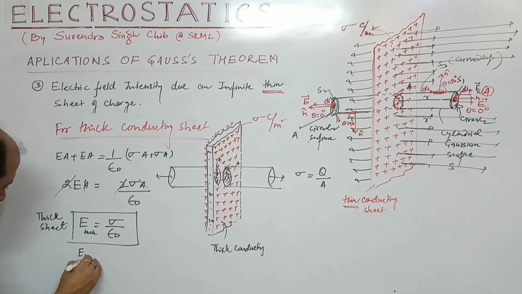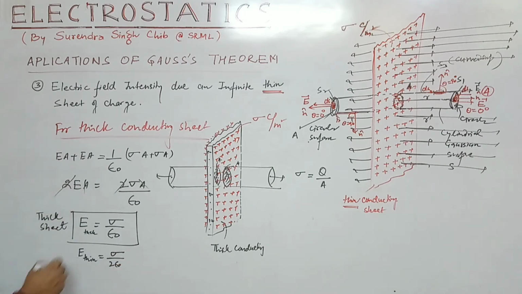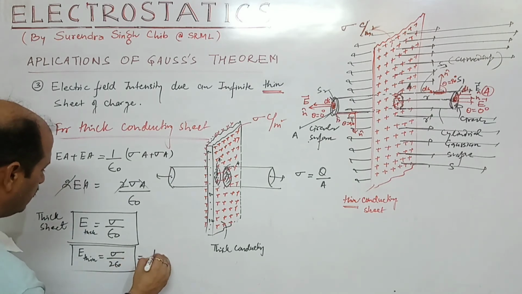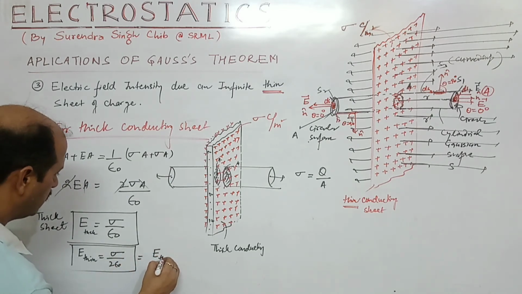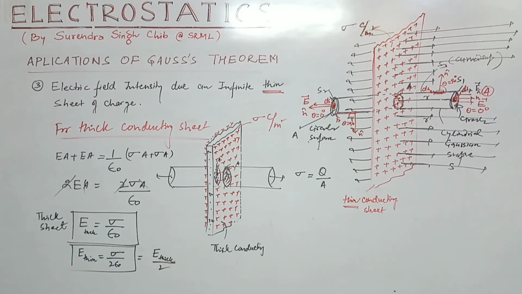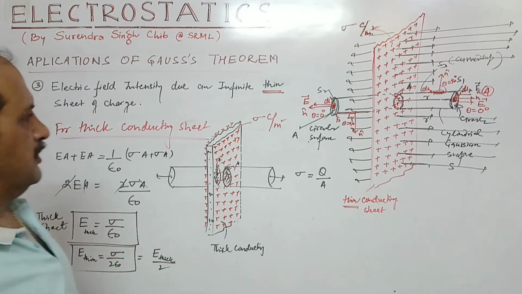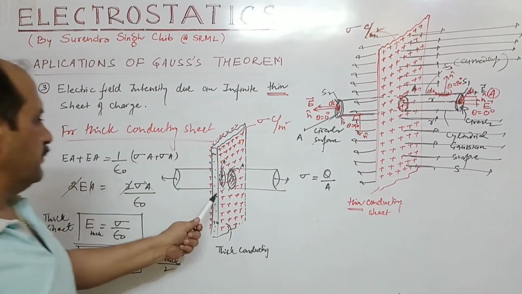If it is thin, I am writing here thin, sigma by 2 epsilon naught. So it will be E thick divided by 2. तो थिन शीट की इलेक्ट्रिक फील्ड थिक शीट के कंपैरिजन में हाफ रहती है.